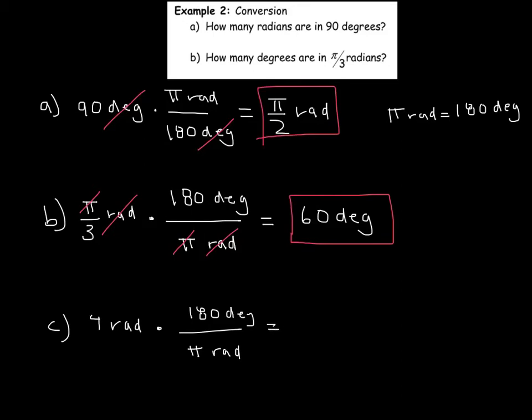Now in this case, the radians are going to cancel, but the pi is not, because there's not a pi on the top. So in this case, you're going to end up having 720 over pi degrees. And you can actually use a calculator and divide that, and you'll get some sort of decimal, and that's going to be the angle.